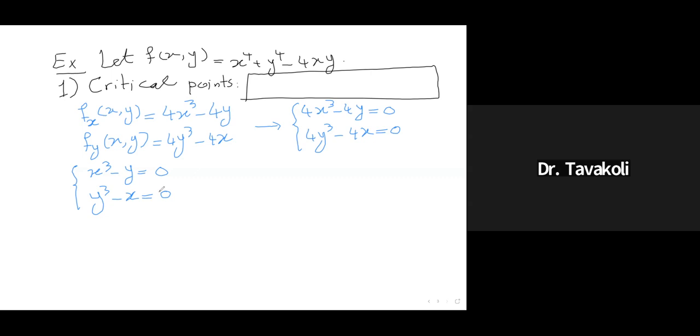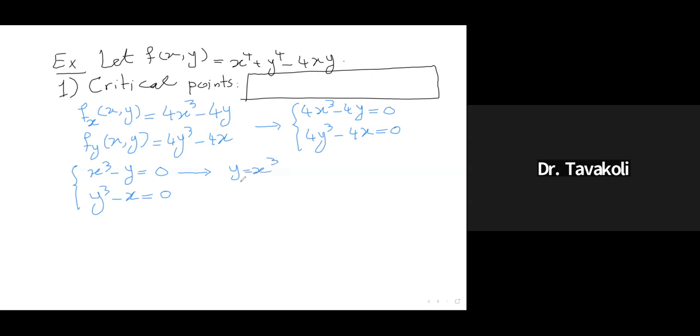This is a kind of nonlinear system of equations that you have seen in more elementary courses. One way to solve this: from the first equation, I solve for y, so y is x cubed.